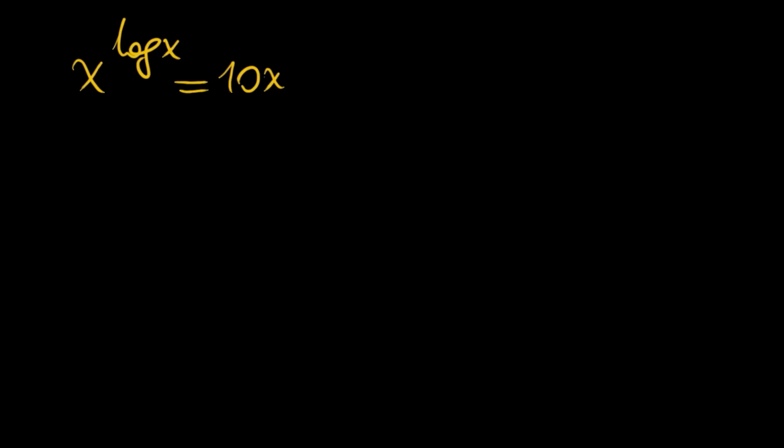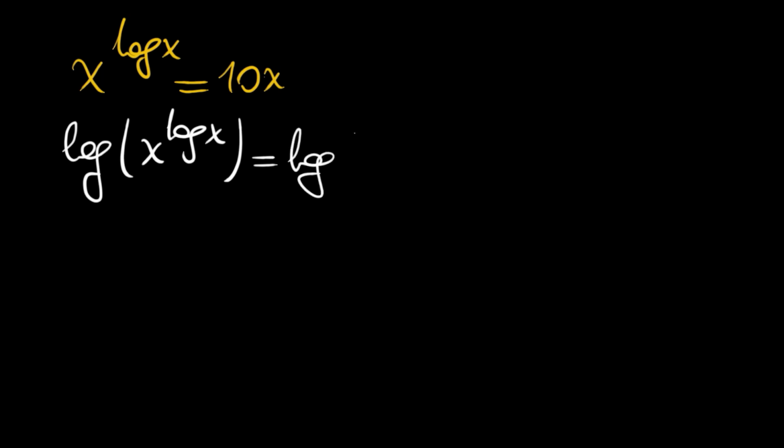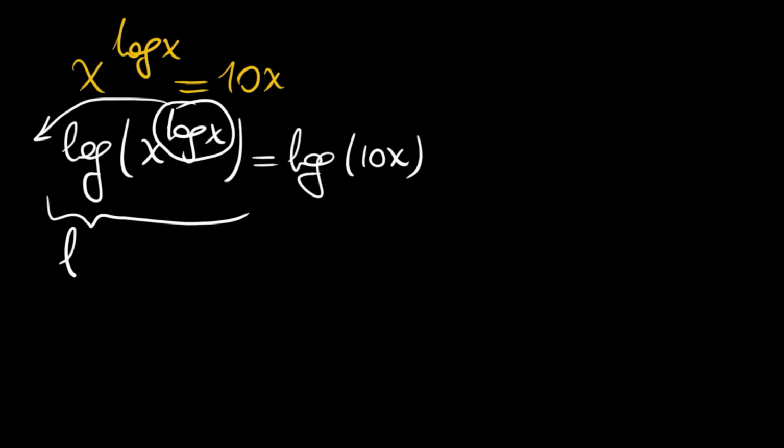We have an exponential equation: x to the power log x is equal to 10 times x. Now if we take the log of both sides, log of x to the power log x is equal to log of 10 times x. On the left-hand side, we can bring the power in front and write log x times another log x.